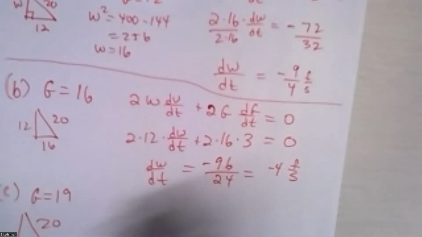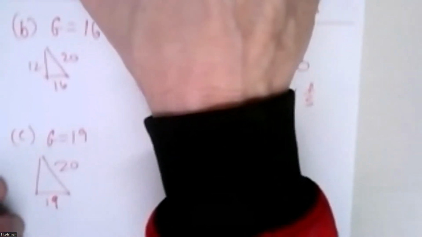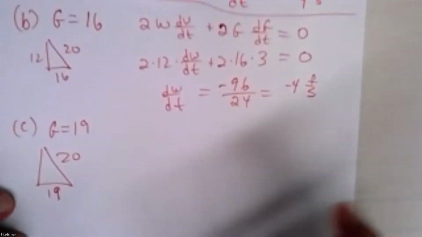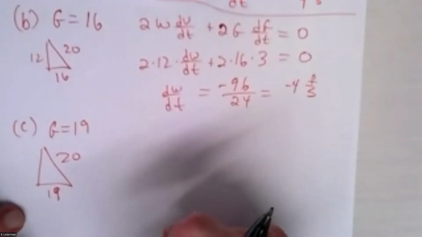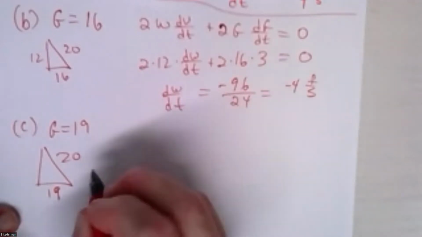If G is equal to 19, W is going to be some horrible radical.